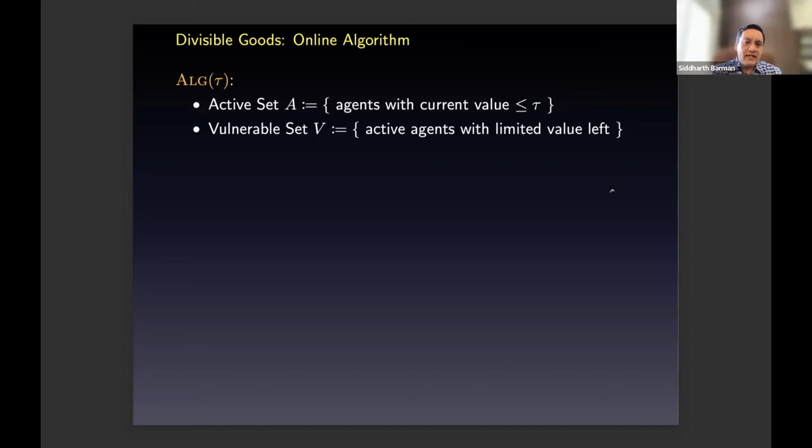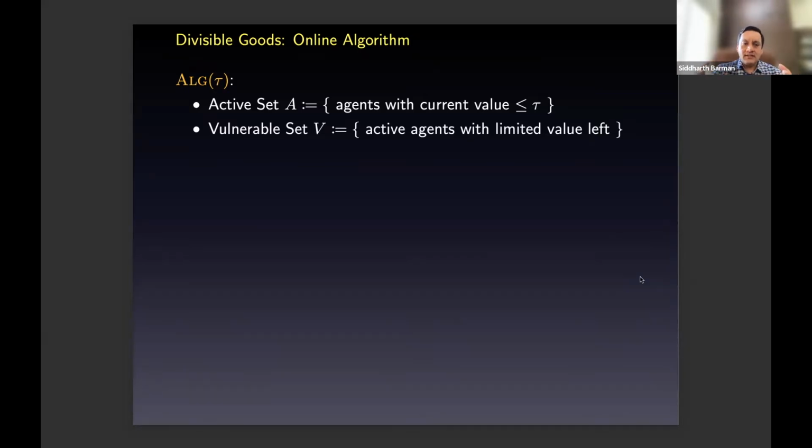So I look at every agent that is active, so still hasn't received a value of tau, and then I look at the total value that has gone by. So not just the value that this particular agent has acquired, but the cumulative value of the goods that have gone by. Subtract this quantity from 1. So that's the value that still remains.